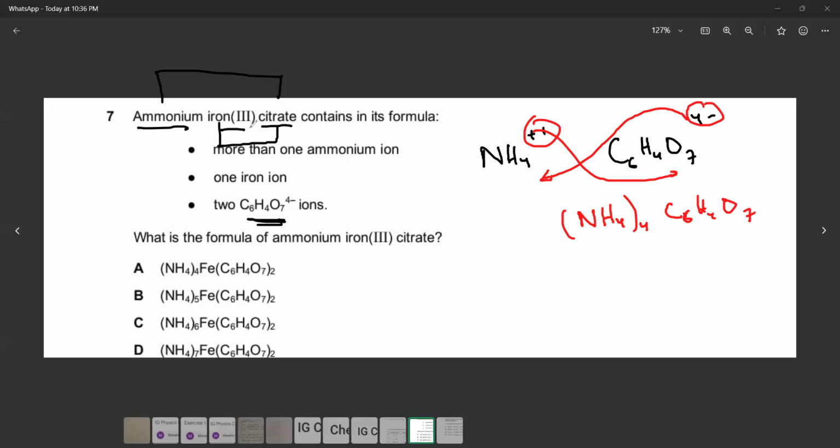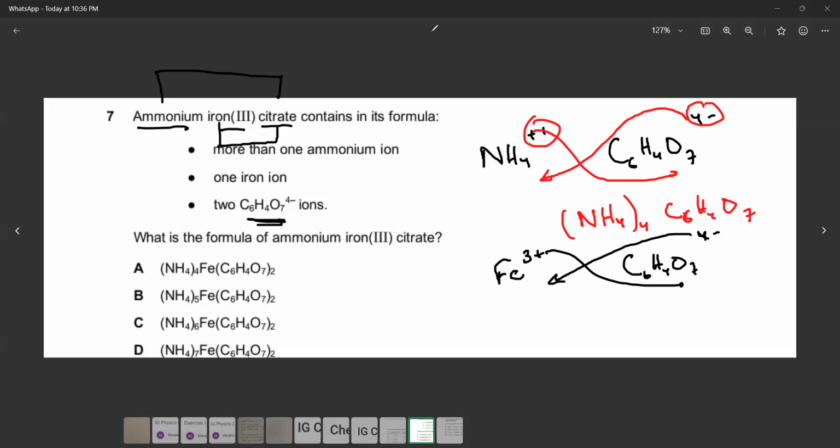Then the same ion is present in iron(III). Iron is +3 or 3+, and we have C6H5O7 with a charge of 4-. So what we'll do is cross multiply because the valencies are not the same. This 4 will be multiplied here, 3 will be multiplied here.